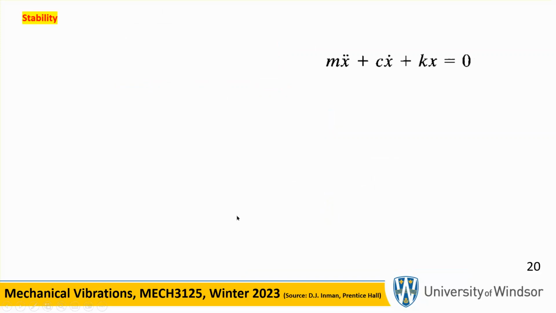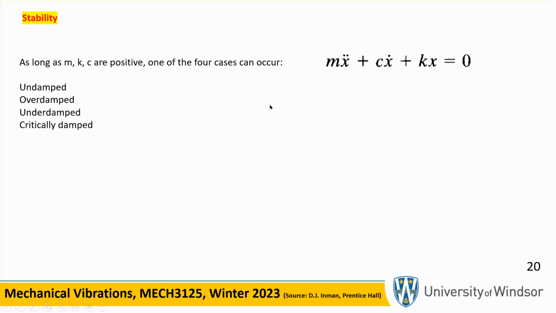Now, the last item that I want to discuss today is the concept of stability. If you look at this equation that we have dealt with many, many times, remember, I write x here, but this x can actually be an angle, it doesn't have to be a displacement. That's what we refer to as the mother of all equations. Now, first of all, in every problem that we have done, m, k, and c were positive numbers, there's no doubt about it.